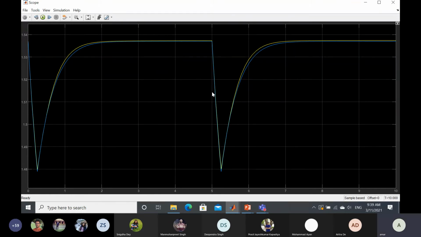Here you can see the yellow one is basically the original CB, and the blue one is the estimated CB. So more or less we have matched this for these cases.